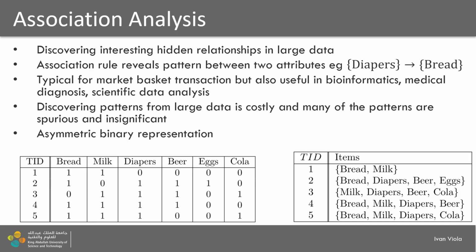It is typical for market basket transactions, but also useful in various scientific disciplines such as bioinformatics, where we have huge data sets of genes and their expression data and their relationship to proteins, and we would like to mine and discover certain hidden relationships which might be important for general scientific discovery or drug design.